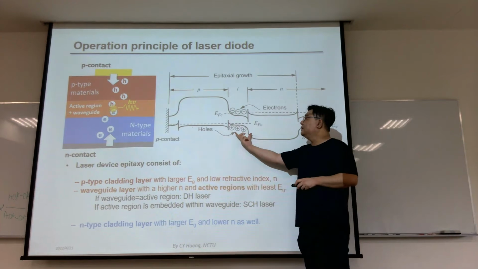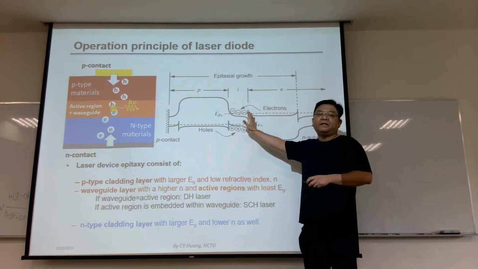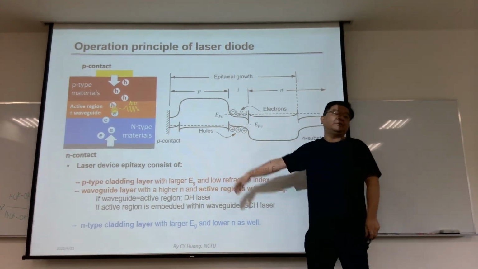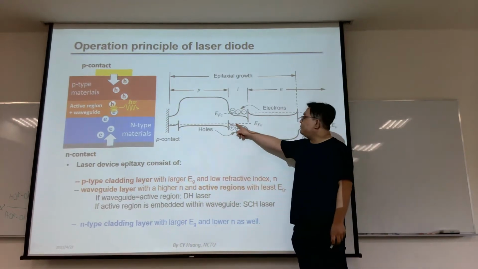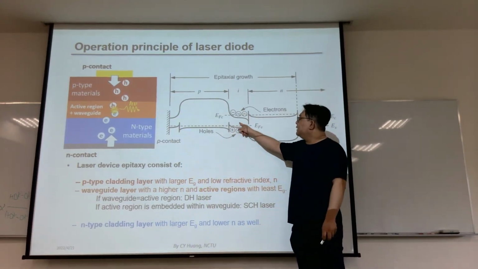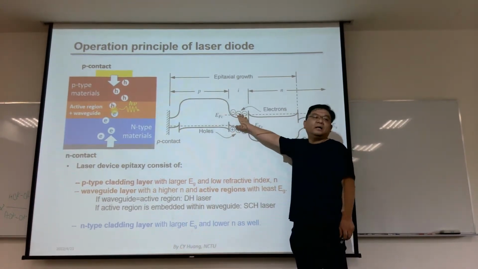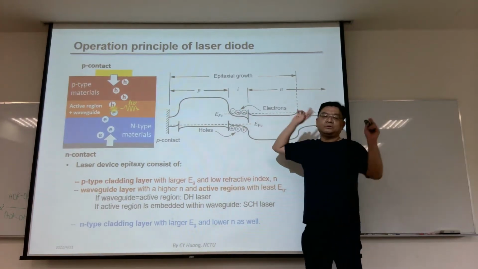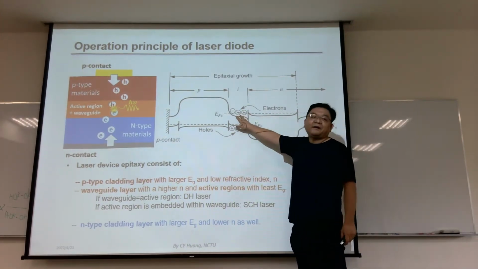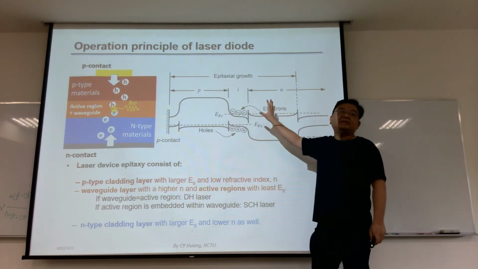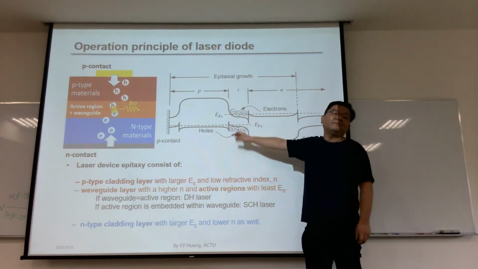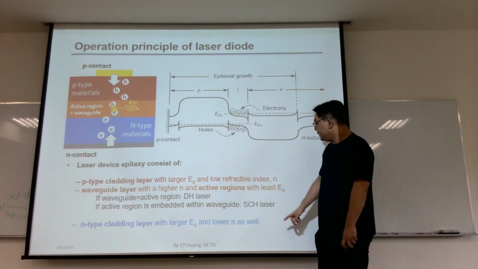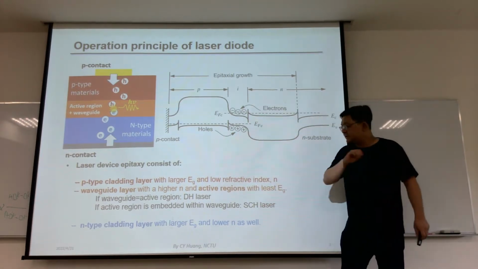However, because the wavelengths of the photon and the carrier are quite different, we might add another confinement structure, or so-called quantum well, to confine the carriers. In this case, this is the separate confinement heterostructure, or we call it the SCH laser.